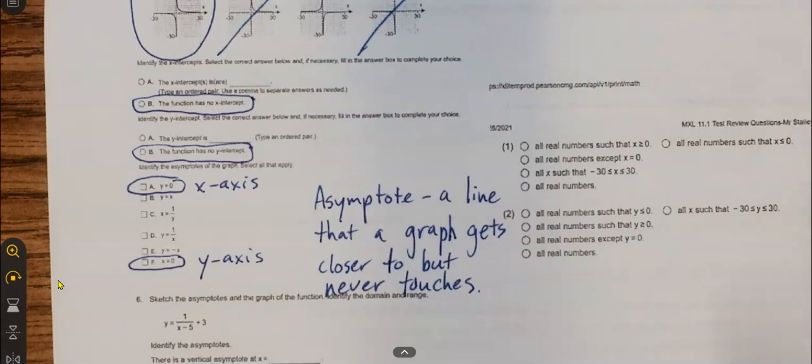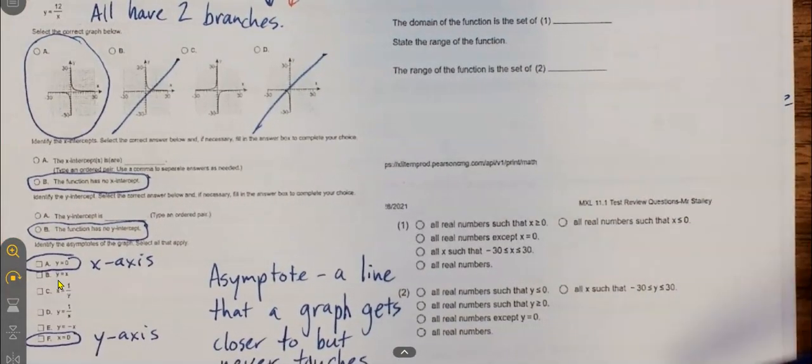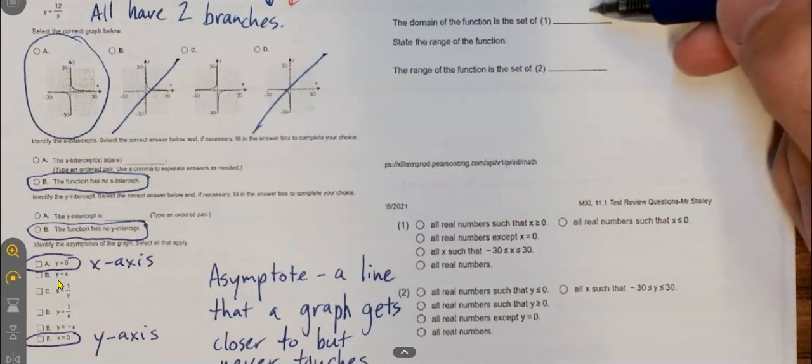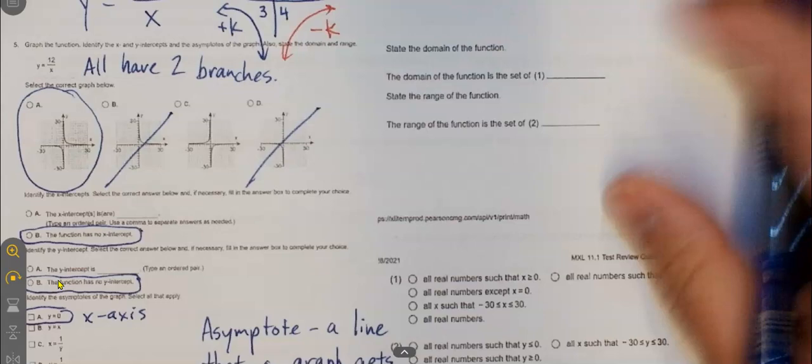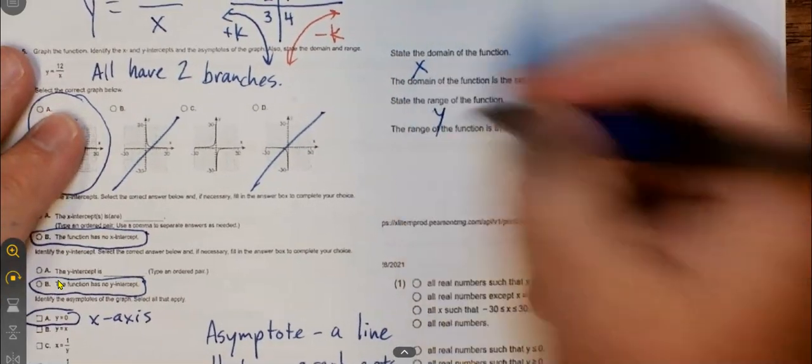Now they ask me about domain and range. Your multiple choice answers are listed right here. I said when we did this before, you could simply circle the one that you liked. Or we could write something down on the blank up above for domain. Domain we know goes with x. Range goes with y.